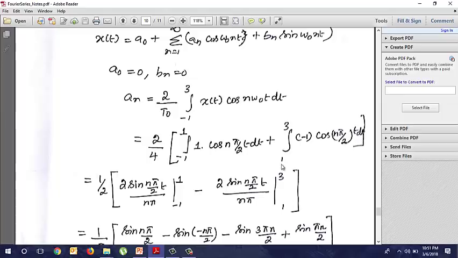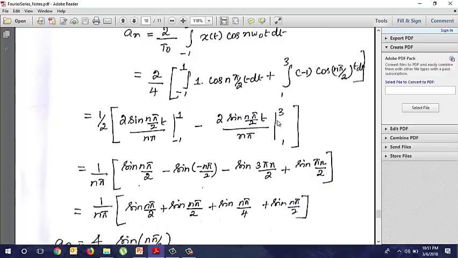Okay, so when you integrate, you are getting sin n pi by 2 into t divided by n pi by 2. Similarly you get this 2 here, and overall you are having a half, so this 2 has got cancelled.